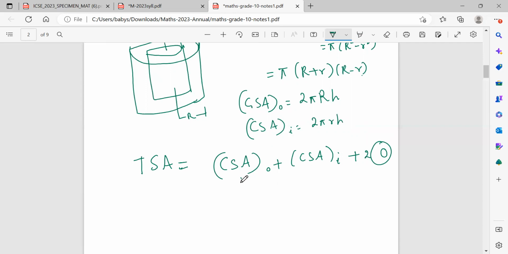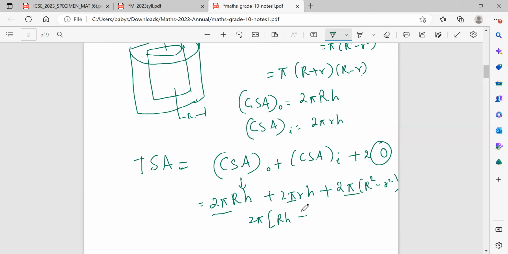So that will be: CSA outer, 2 pi R H; the inner surface area, 2 pi small r H; and two concentric circles, so I'm going to add them: 2 pi, we have already seen this, R square minus r square. Somewhat like if you look here, 2 pi is sort of common. You can just take it out.